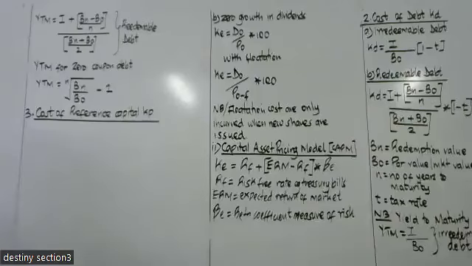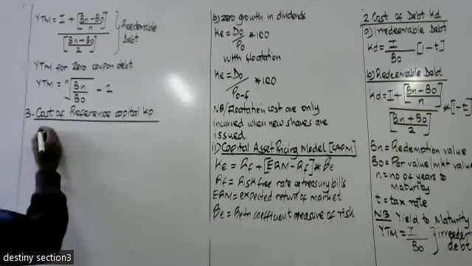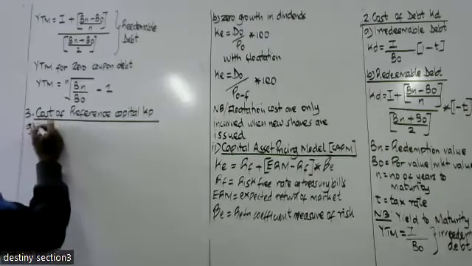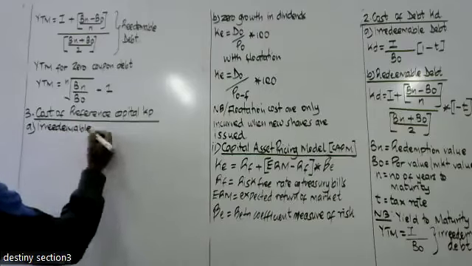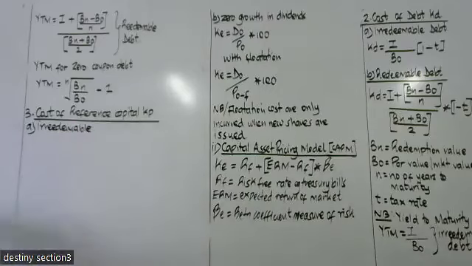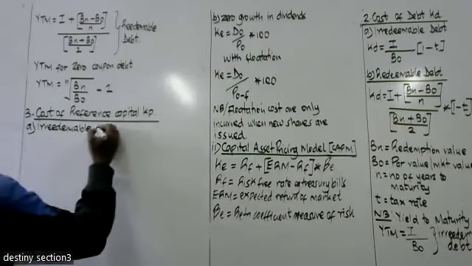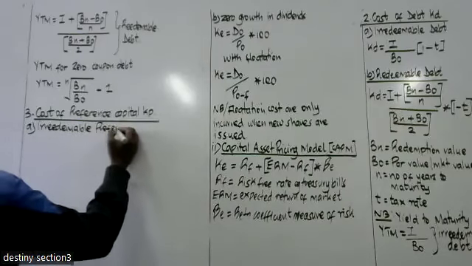Cost of preference capital, KP. This is the minimum required rate of return by providers of preference capital.